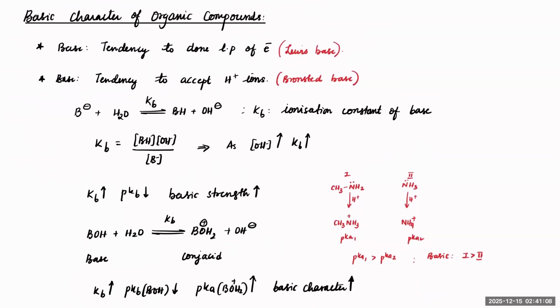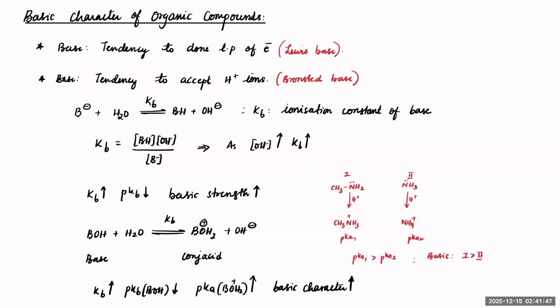Now let's enter into the basic character of organic compounds. Basic character is decided based upon its Lewis base characteristic. That means it should be able to give away a lone pair. Another way to look at it is it should be able to accept H plus ions. So if you have a base B and you add it to water, it takes H plus and releases OH minus, and that equilibrium constant we call Kb, the ionization constant of the base.